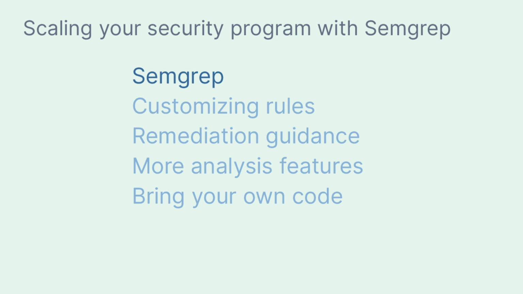We start this presentation by looking at what is Semgrep, very briefly how it works. Then we'll start by customizing rules, why you want to customize rules for a SaaS tool, and then we'll do it ourselves. A little bit about remediation guidance, so fixing findings that you find with Semgrep.